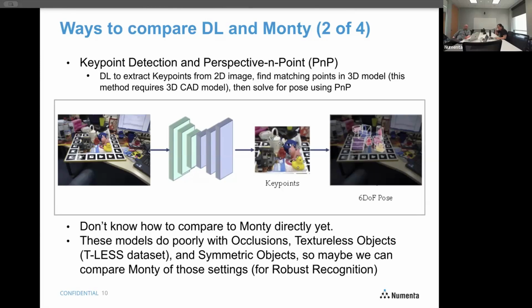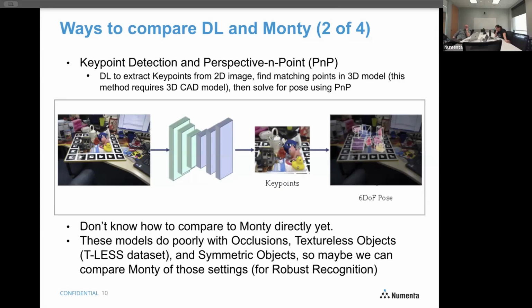But anyway, for the key point detections, these work pretty well, and I think this is probably the most common way that I've seen. But they don't do well with occlusions. If you have occlusions in the image, it can't extract the key point where the object is hidden. Textureless objects, meaning they don't have interesting features, so we won't have enough key points to match between 2D and 3D.